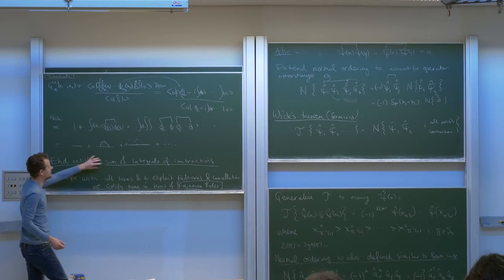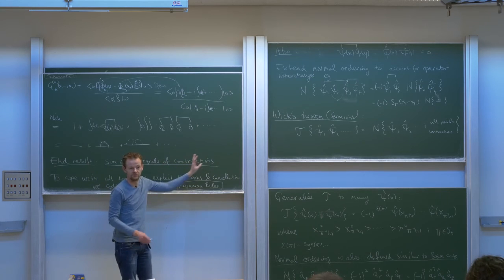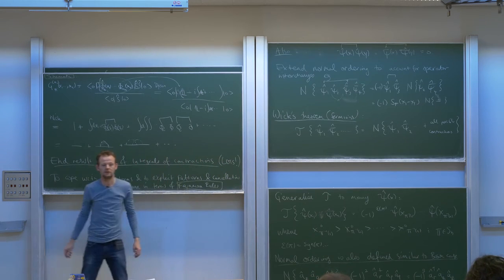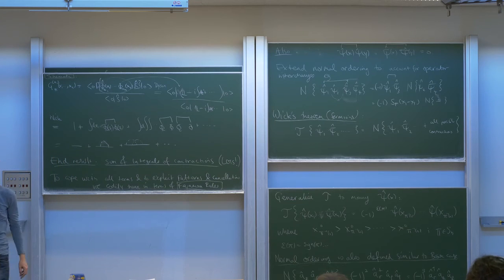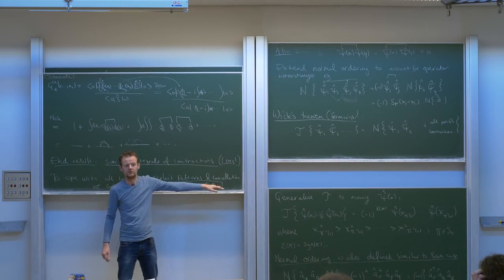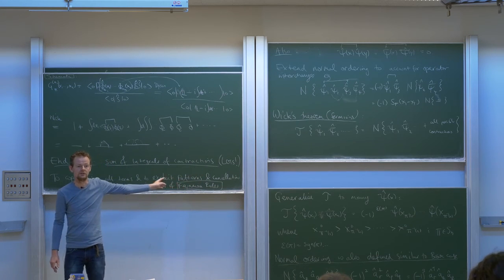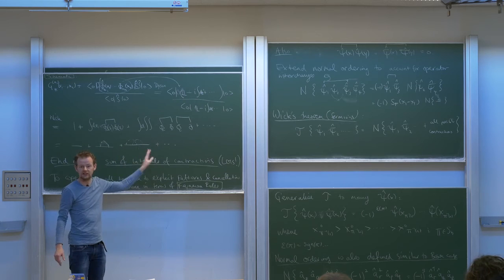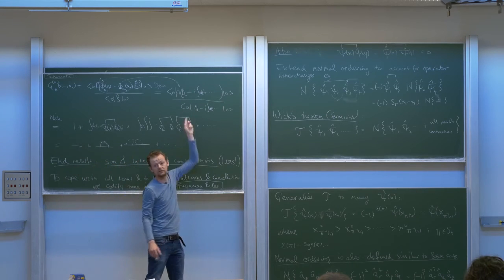So the end result is a sum of integrals of contractions, and lots of them. Really horrendously, shockingly many terms feature in that sum. But there are patterns and cancellations in this series. So some terms don't appear. They cancel out. There's something on the denominator that cancels something on the numerator.